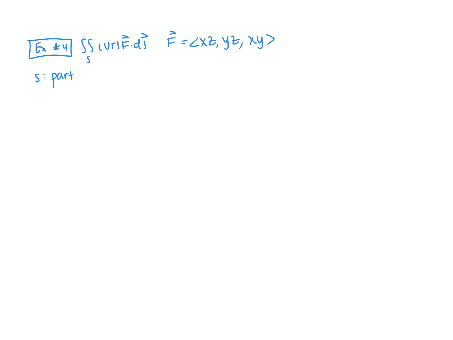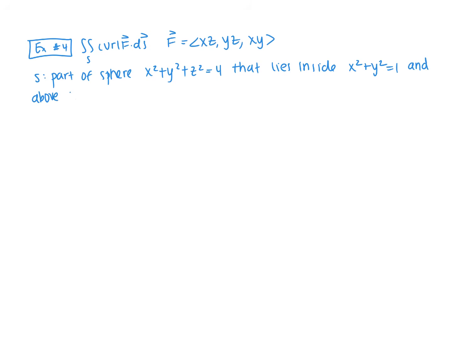S is the part of the sphere, x squared plus y squared plus z squared equals 4, that lies inside x squared plus y squared equals 1 and above the xy plane.